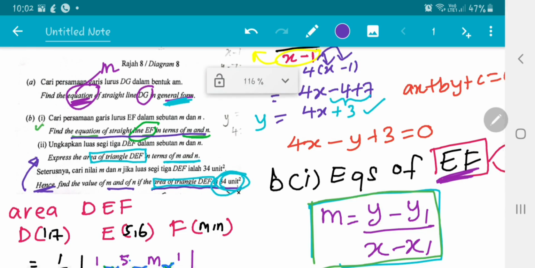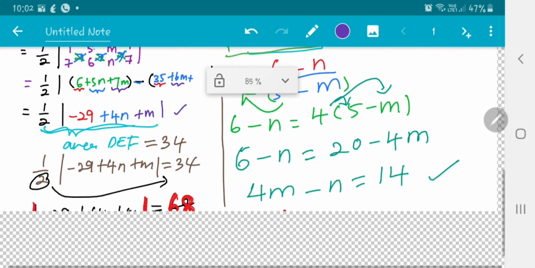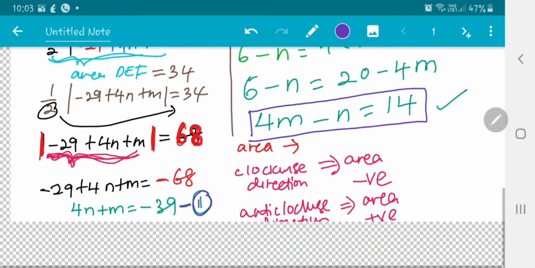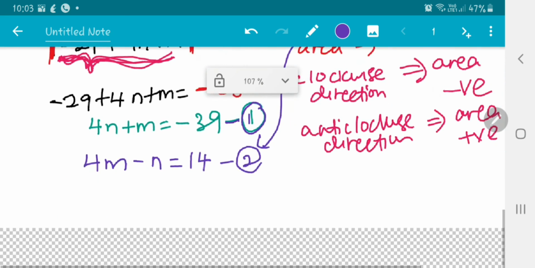So you dapat ni tadi mana? This one. So kita pakai this equation: 4m minus n equals 14. Make it your second equation. Then you solve these two equations.